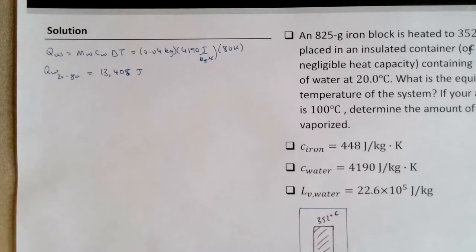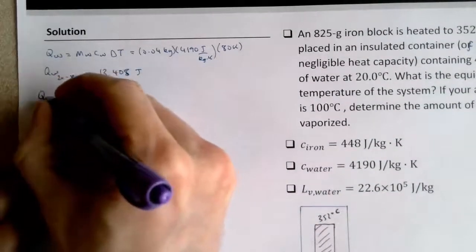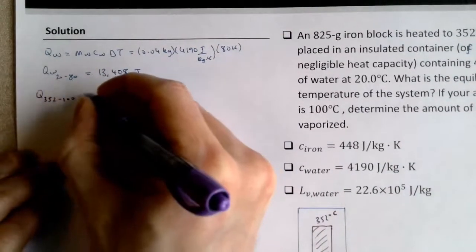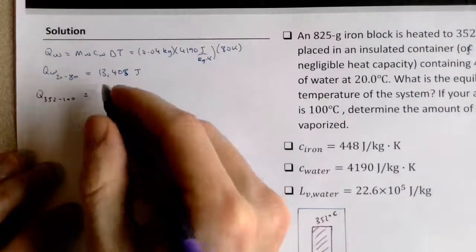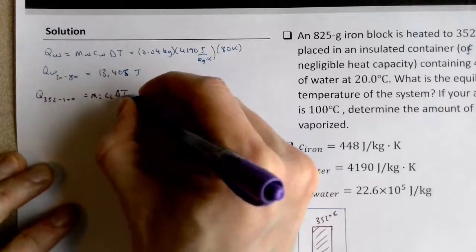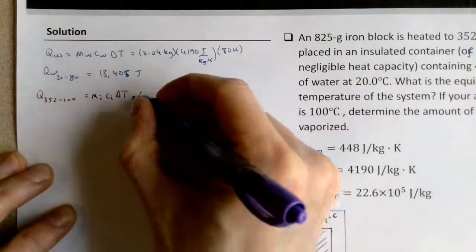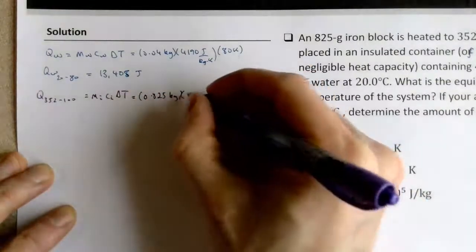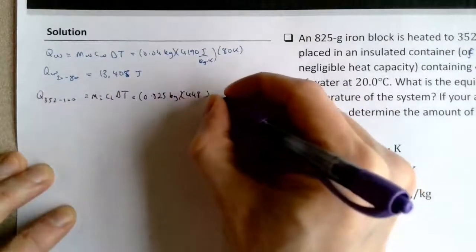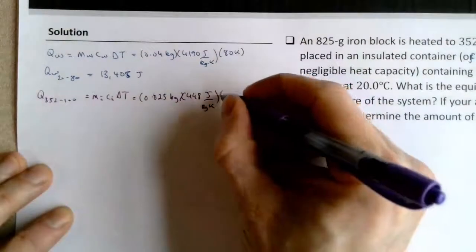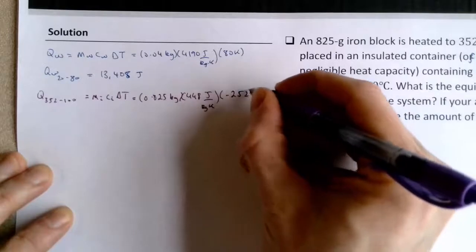If we assume the iron cools down from 352 to 100, its Q will be the mass of the iron times c of the iron times delta T. So we've got 0.825 kg, 448 is the specific heat capacity, and we can assume that to be constant over this temperature. That could probably be more explicitly stated in the question. And then delta T would be negative 252.